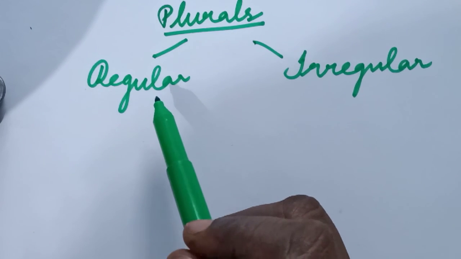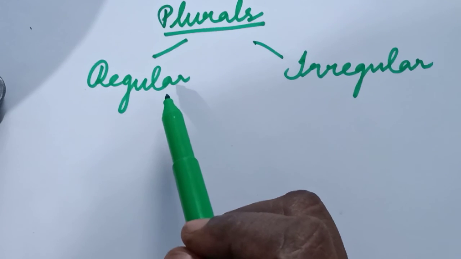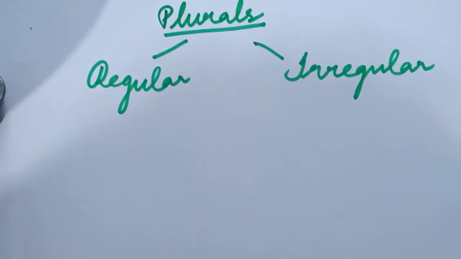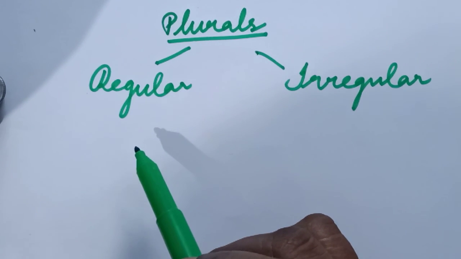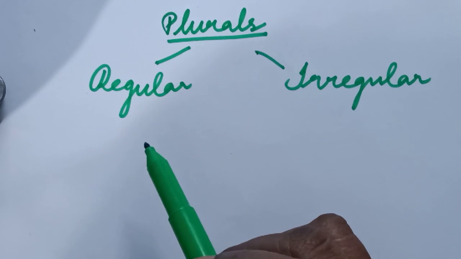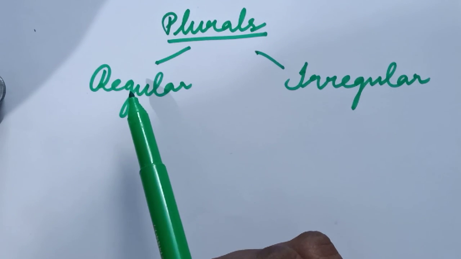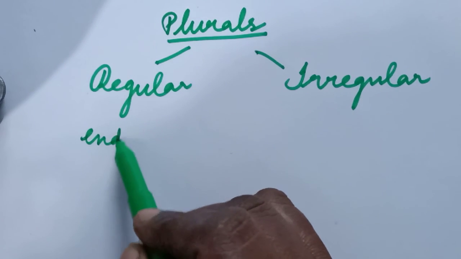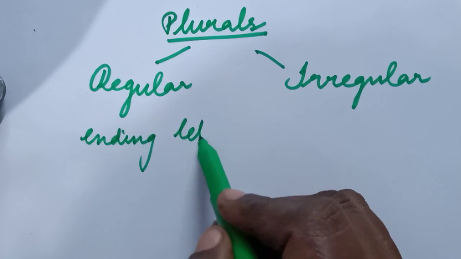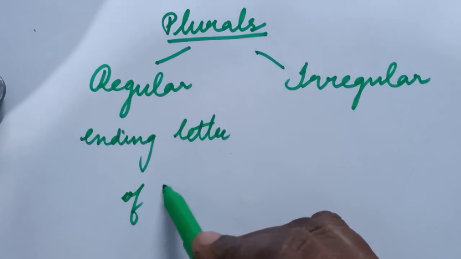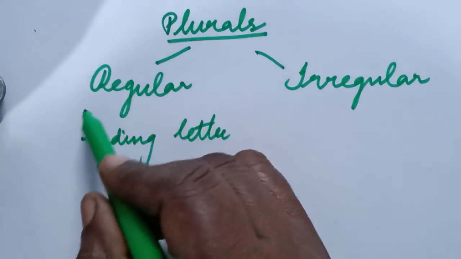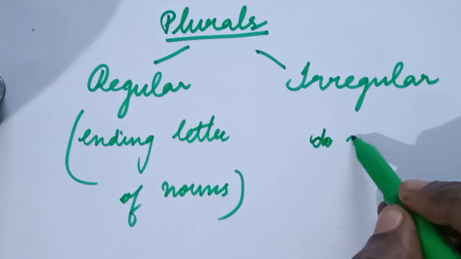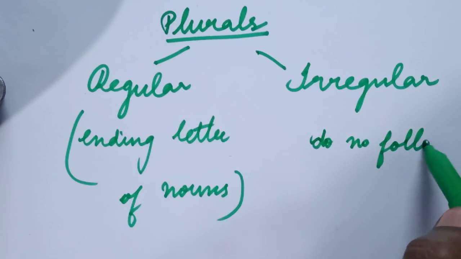The spelling of the plural in regular nouns depends on the ending letter of nouns, wherein irregular nouns do not follow any rules.